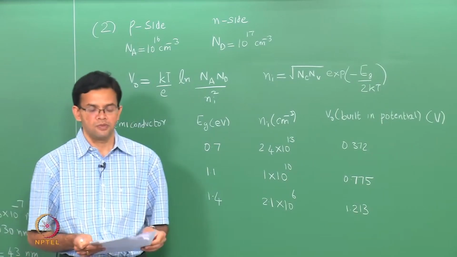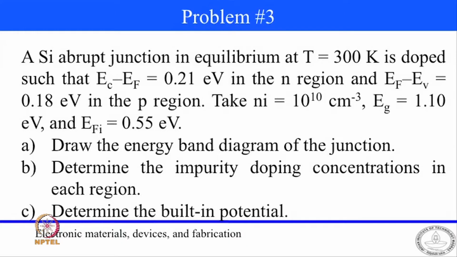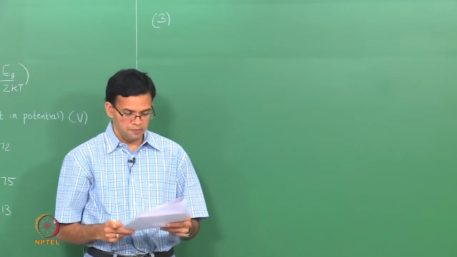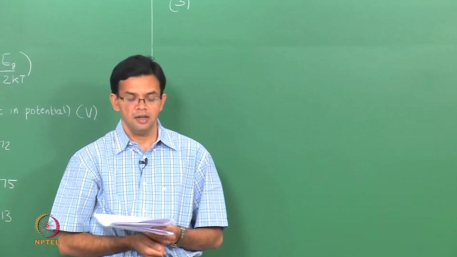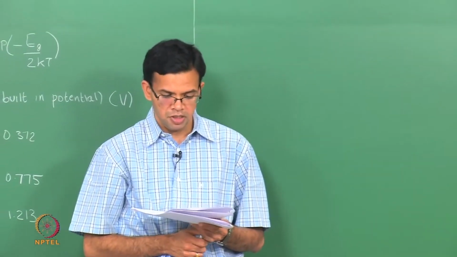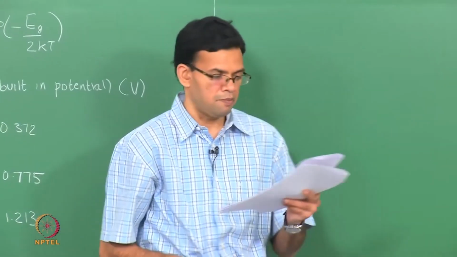Let us now go to problem 3. In problem 3, we have a silicon abrupt junction which is in thermal equilibrium at room temperature.